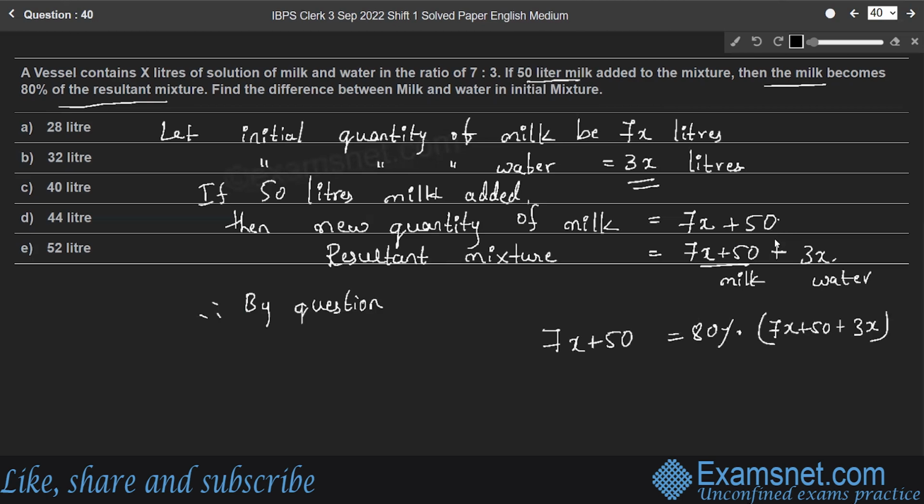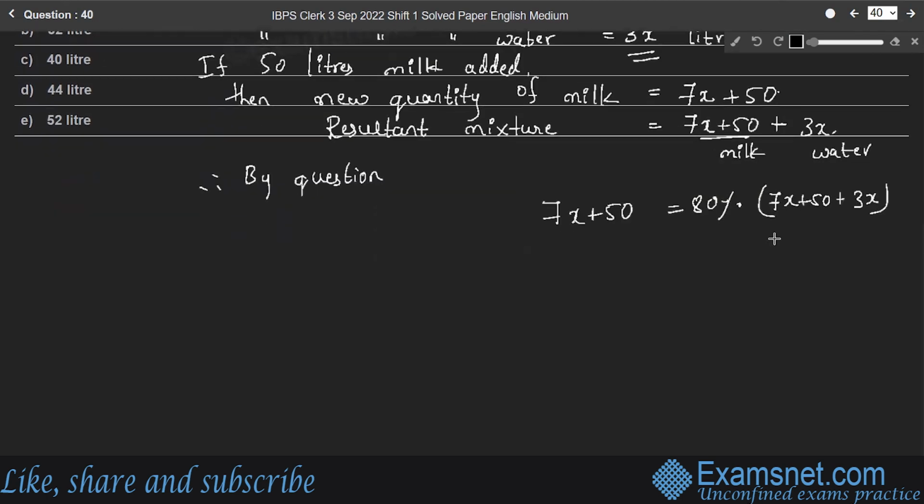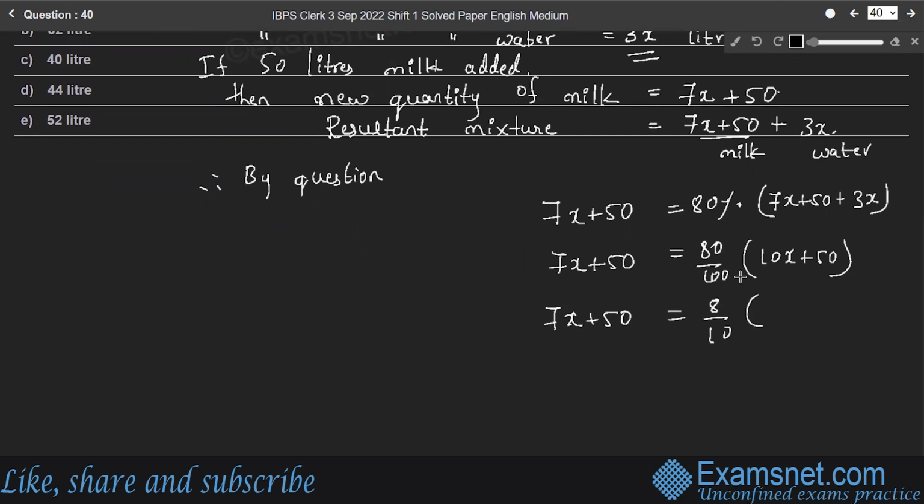Right? So what is 80%? 80 by 100 into 10x plus 50. Therefore, 7x plus 50 is equal to 8 by 10 into 10x plus 50.